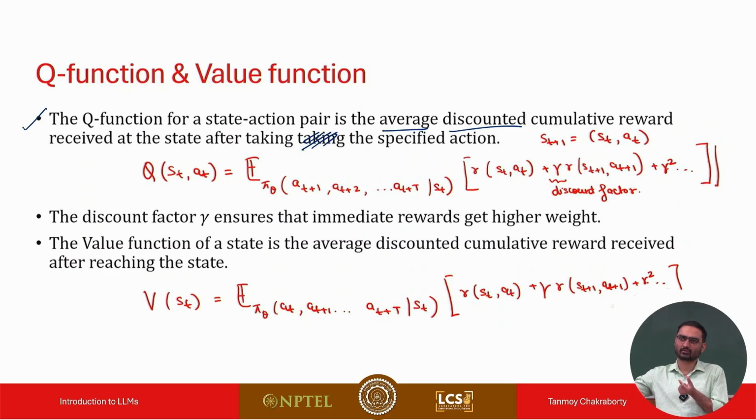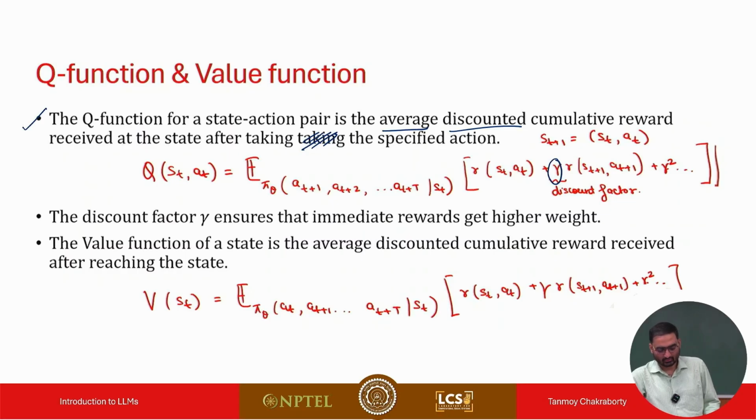And West Bengal will impact least towards the likelihood of Taj. It means as we move on in the sequence, the importance of those words towards the current state action pair will reduce. And we capture this using the gamma discount factor.